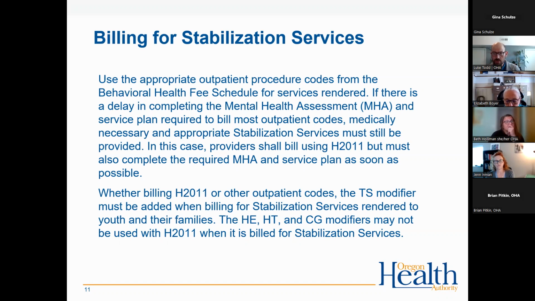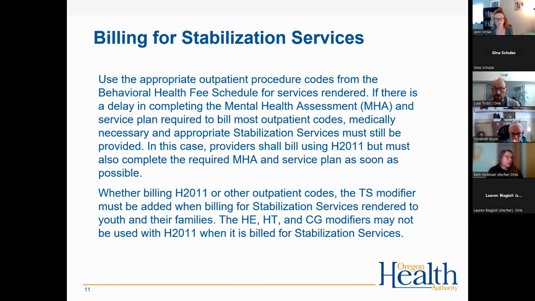So that's really the window for applying that. The intent would be that during that 56-day window you continue rendering stabilization services, identify what ongoing services folks need, and get them transitioned into a regular outpatient.